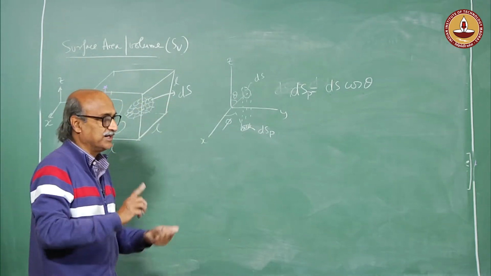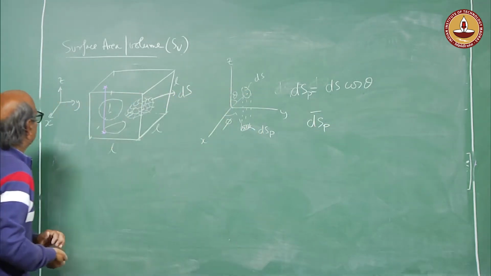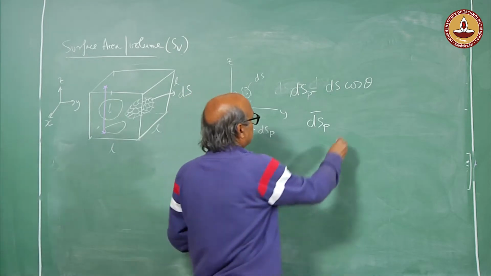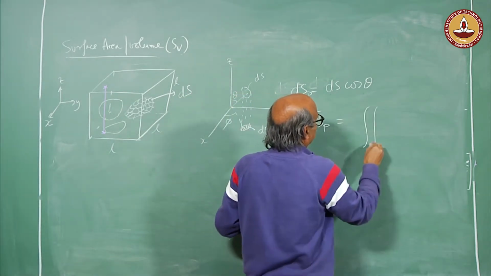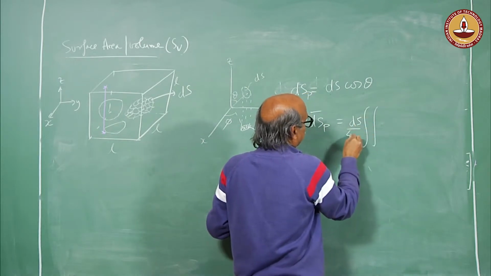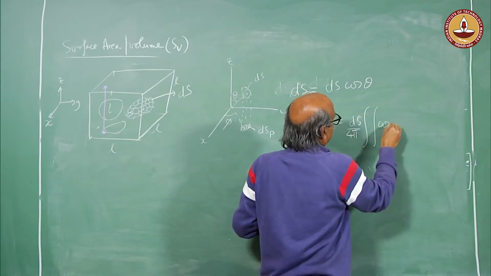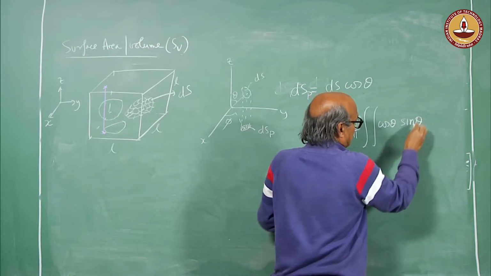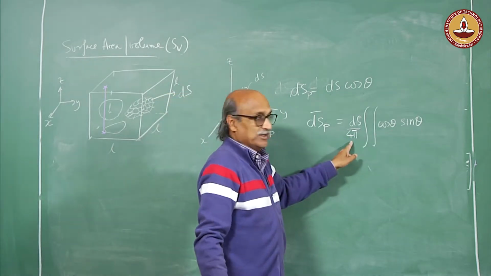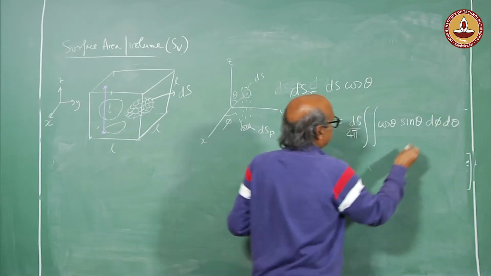Now, what I need is the average projected area. Then only I can calculate the probability that a line probe will intersect this element. What is the average projected area? Well, by now we know this, and I am going to write this. ds will be taken out of the integral, cos theta, and then sin theta is coming from the probability density function of orientations in 3D space, and 4 pi is also coming from there, sin theta upon 4 pi, d phi d theta.